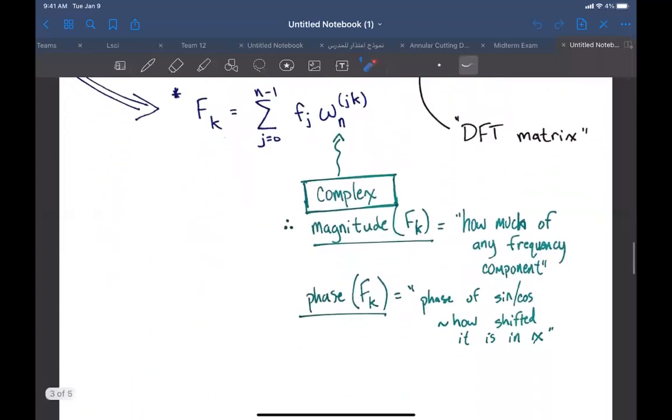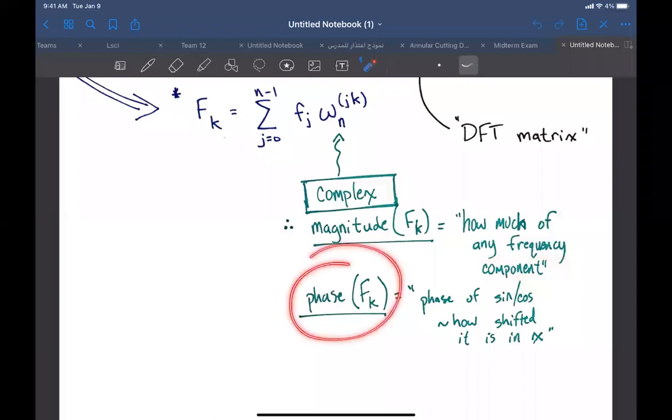All right, so if you recall, because omega n has i, that's the square root of -1, it's complex, which means that the output here is also complex. The magnitude of our frequency signal, Fk, is basically representing how much that frequency component is contributing to our signal.